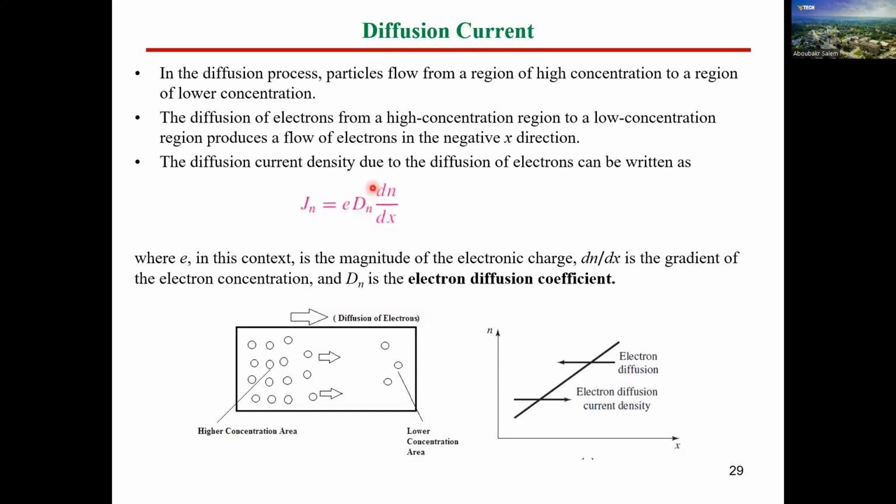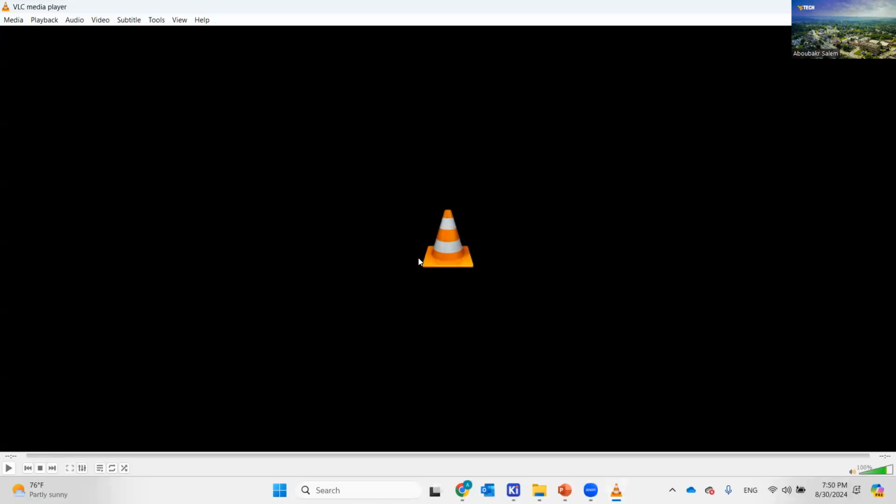So dn by dx, guys, is the gradient of concentration of electrons in the material. So the current density again equals the electron charge times Dn, the electron diffusion coefficient, times d by dx of n, where n is the concentration of the electrons in our material.